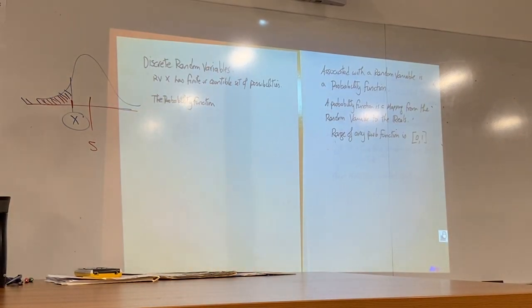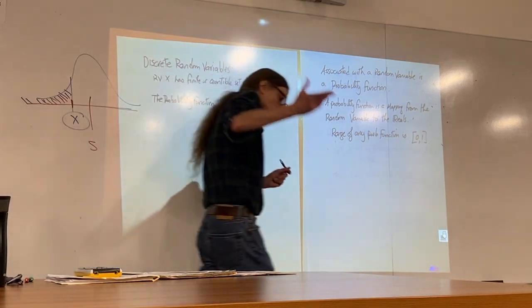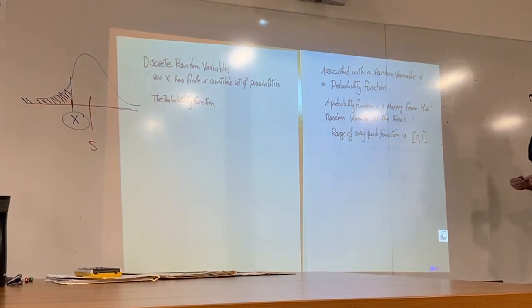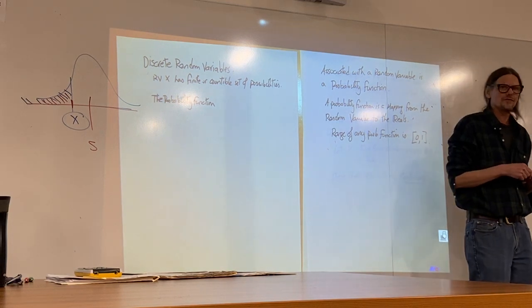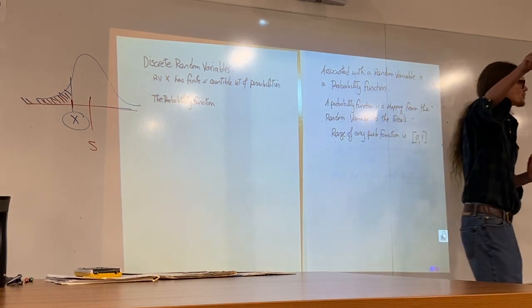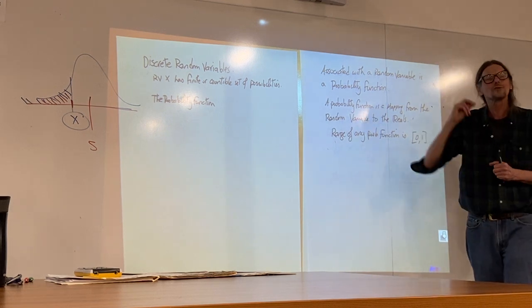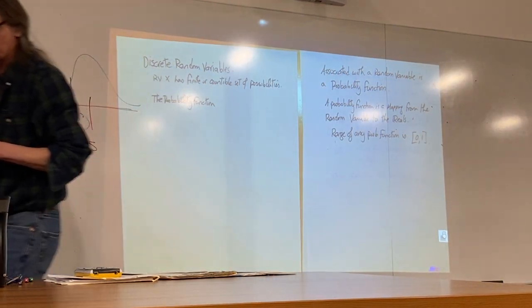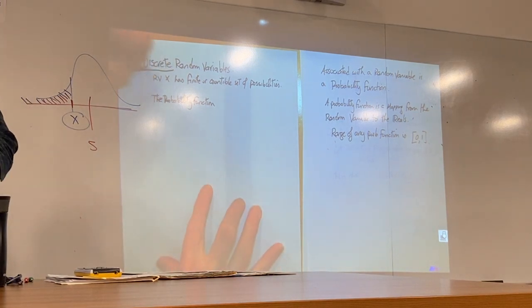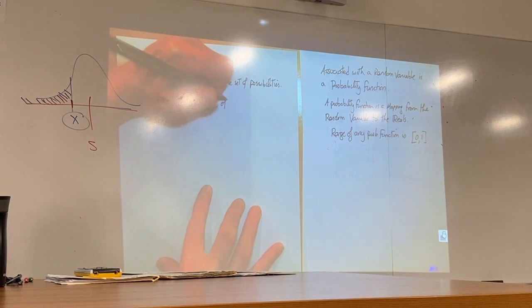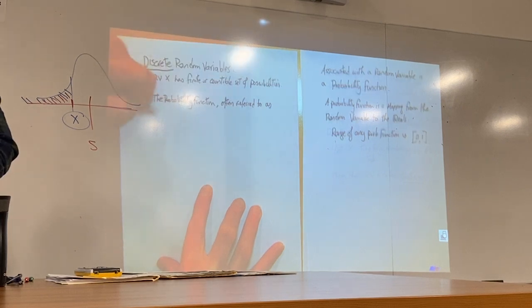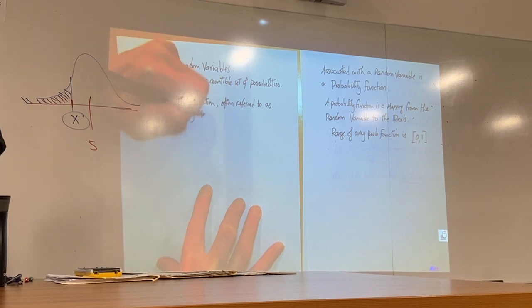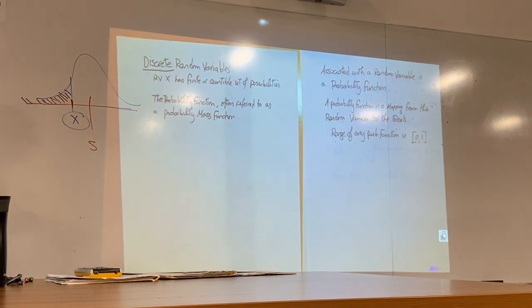For a discrete random variable, a lot of books refer to the probability function as a probability mass function. I do know software and calculators don't really conform to that very well. But for a discrete random variable, it's often referred to as a probability mass function. So if you've seen PMF, that's where that's coming from.